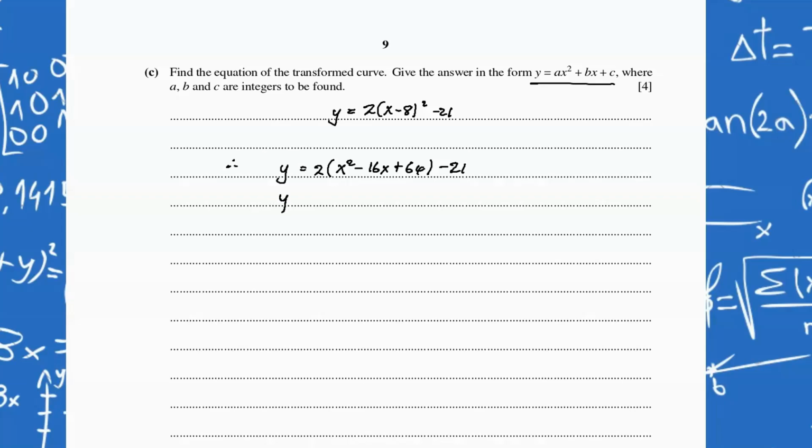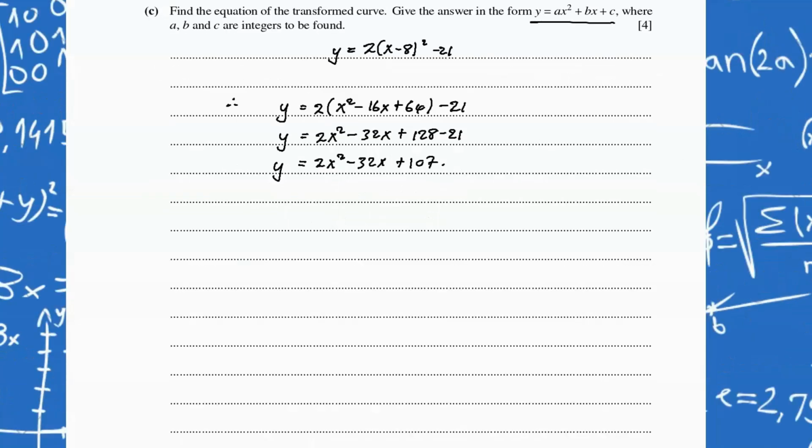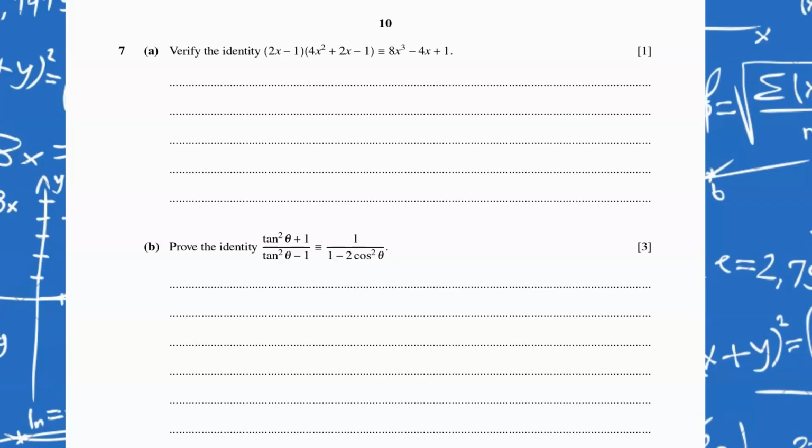So that's y is equal to 2x squared minus 32x plus 128, and it's minus 21. So that's y is equal to 2x squared minus 32x, and it's plus 107. So that's the equation we get, and that's how we do it. So we'd already done most of the job in part B. Let's move on to the next question, which is number 7.